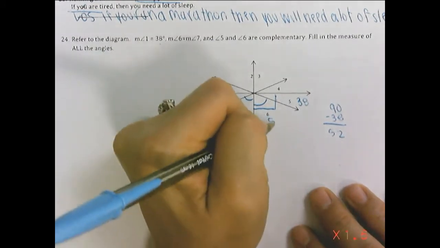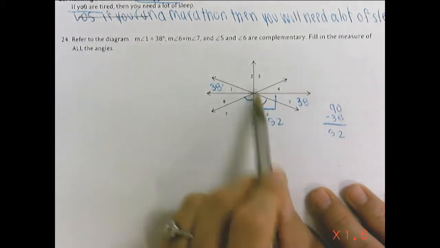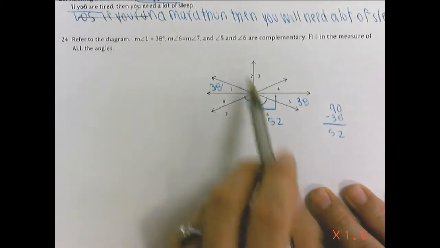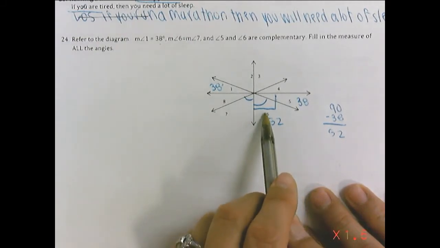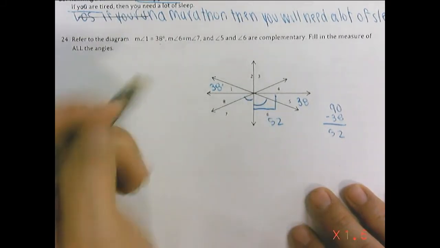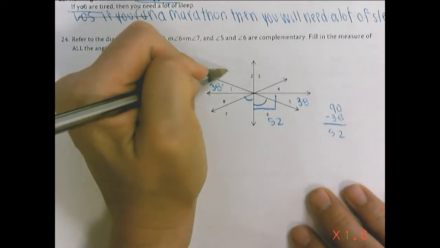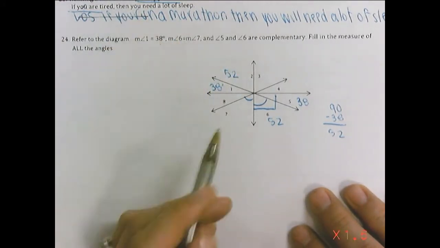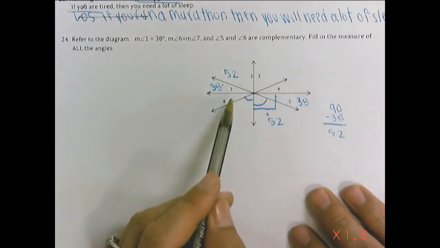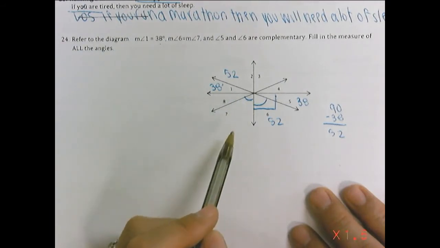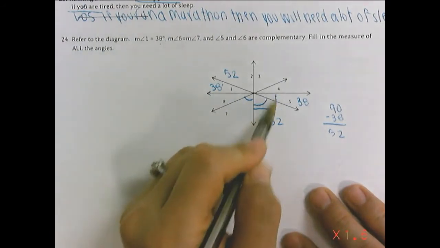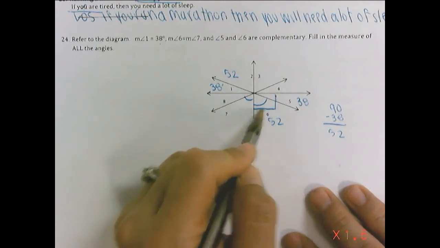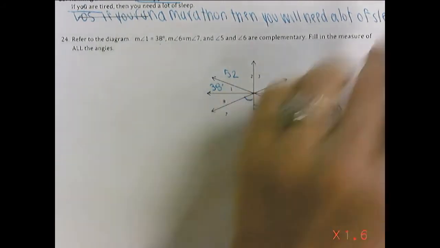So 52 here, and then I can look here and think, oh, well, this is a vertical angle, so this would be 52. And then I'm going to look over here: if this is 90 degrees, then this also has to be 90 degrees.